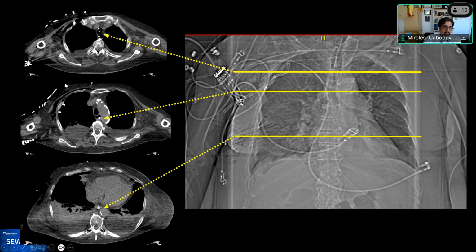And you can see the relationship with the posterior wall of the trachea close by, as well as with the lung side by side. As you move down, you can see the next cut. It's a little bit above the carina. And you can see the airway, and there's no ET tube anymore there.